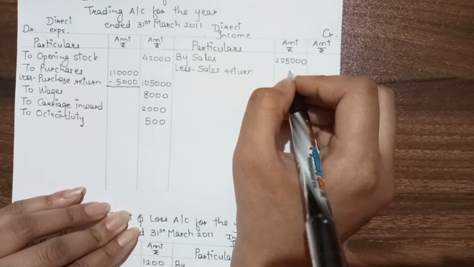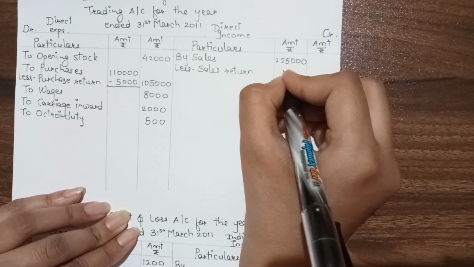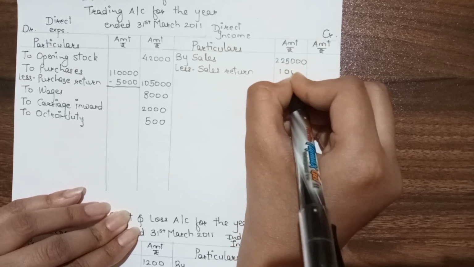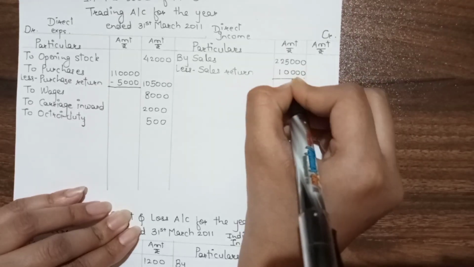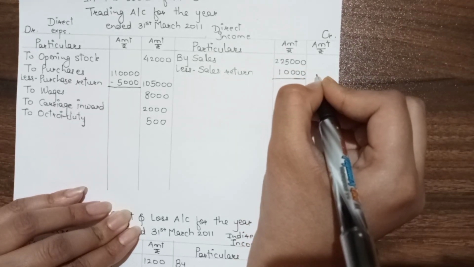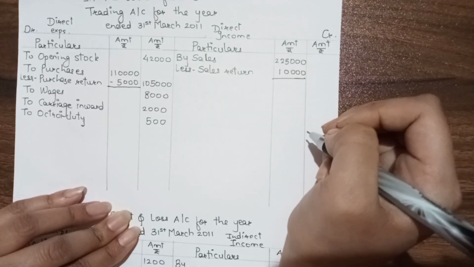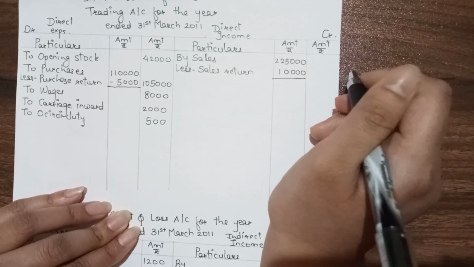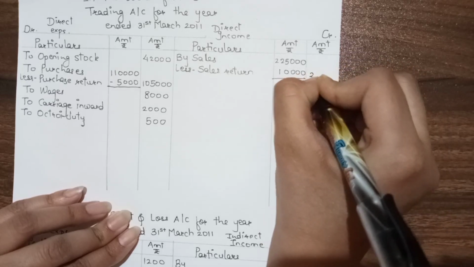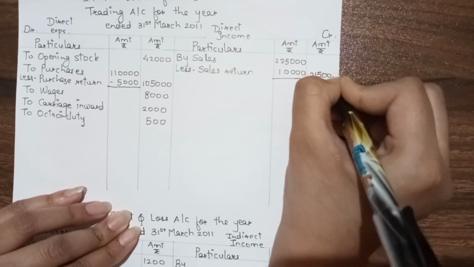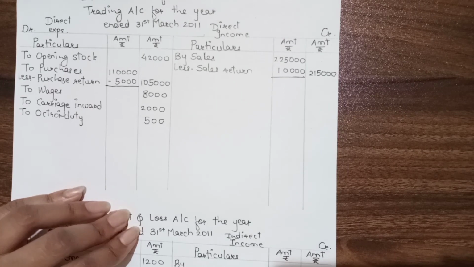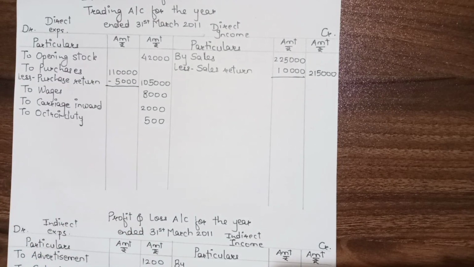How much is the amount? 10,000. So subtract 10,000 from 2,25,000. You will get 2,15,000, the final amount of sales.